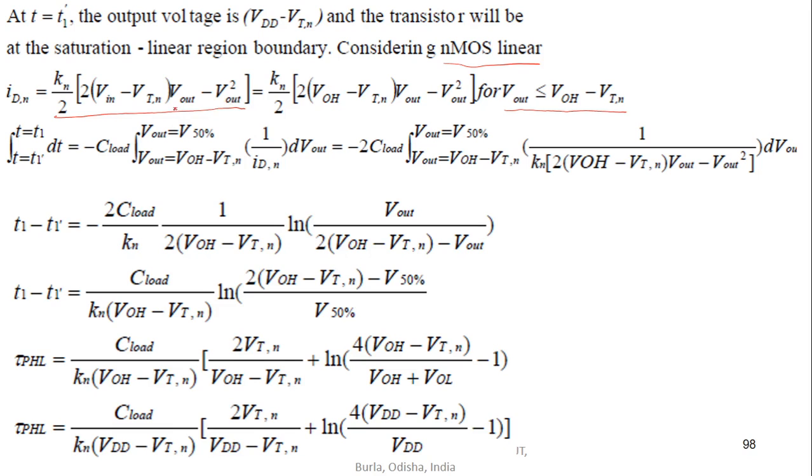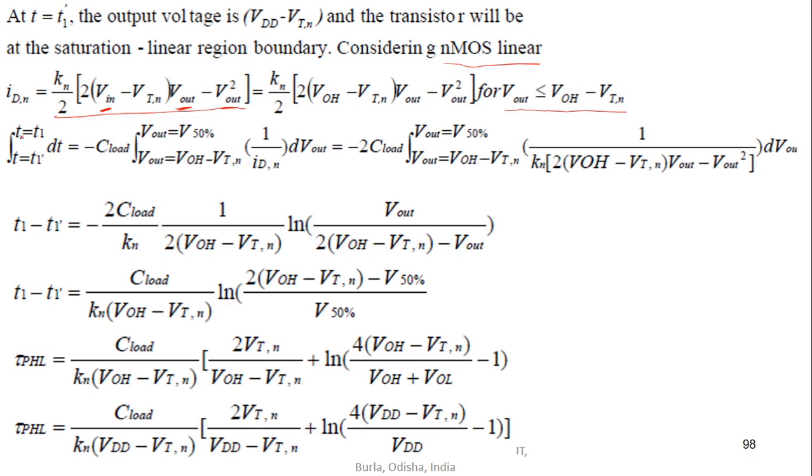V out is equal to VDS in this case, so VDS is being replaced by V out here. And Vin is VOH, so replace Vin by VOH, and it becomes Kn by 2 [2(VOH minus VTN) V out minus V out whole square] for this region.